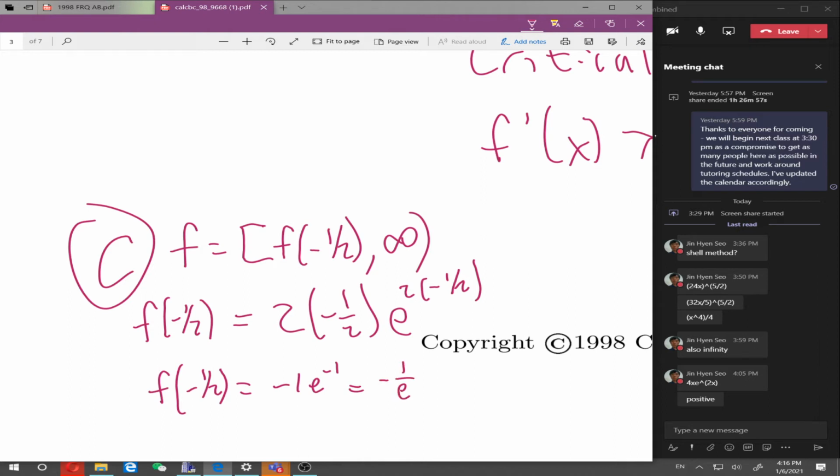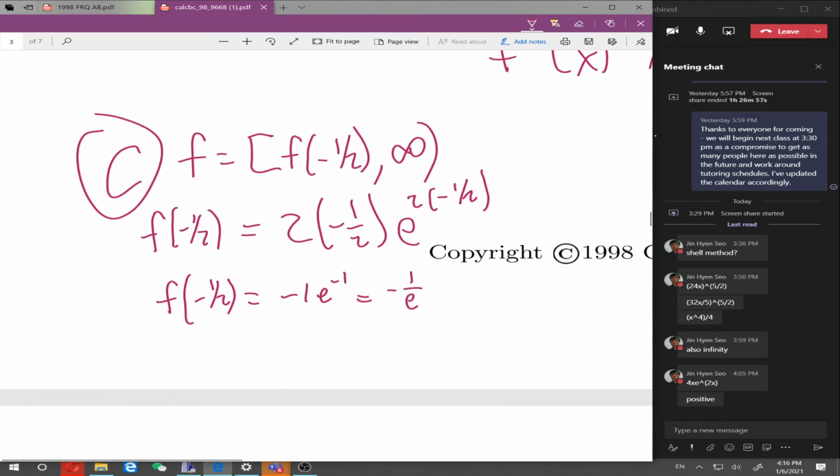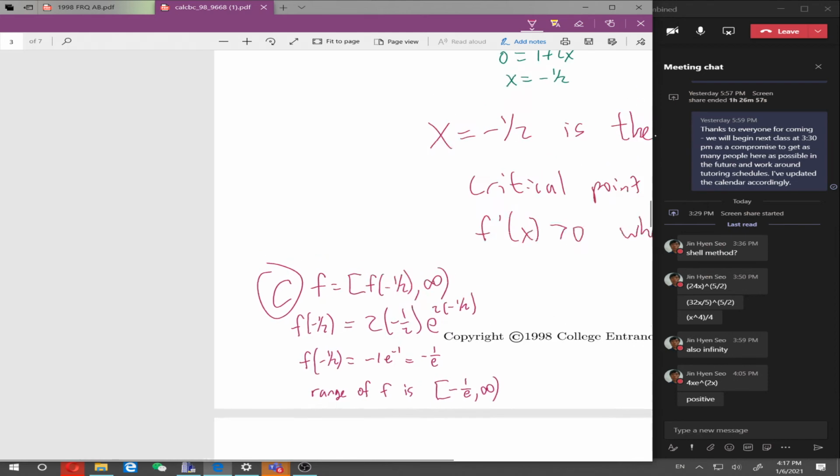Okay, so if I want to write my range, then I could say that our range is including negative 1 over e, and then going to infinity. Any questions on our range?